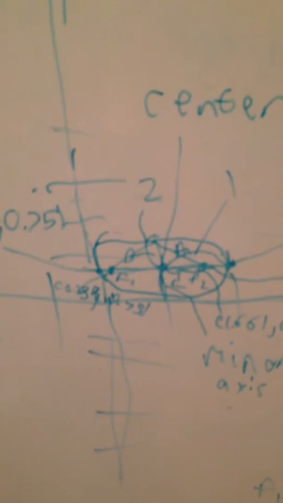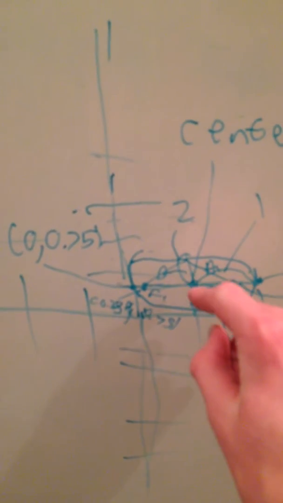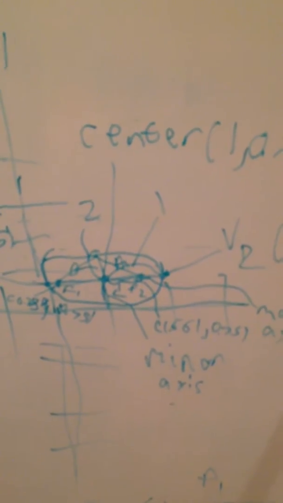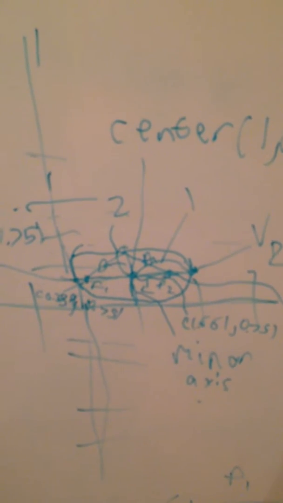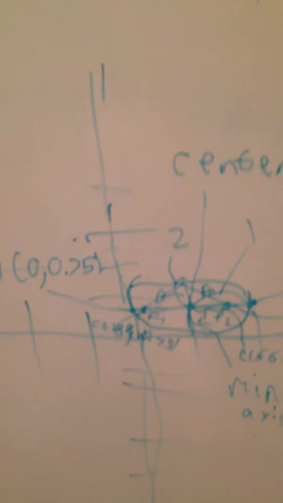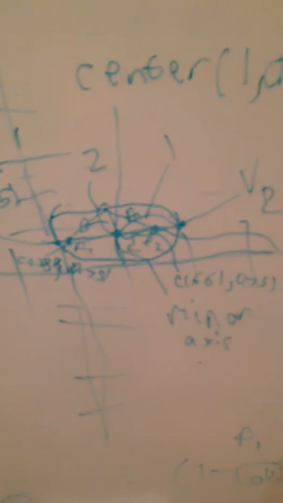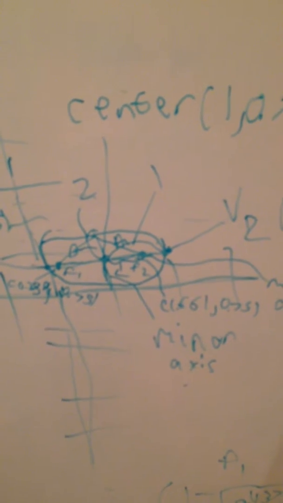Okay, so the a value is the distance from the center to the end of the major axis, and the b value is the center to the end of the minor axis. So the a value is 1 and the b value is 0.75.